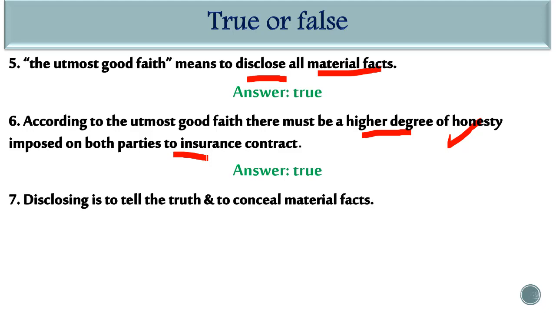Number seven, disclosing is to tell the truth and to conceal material facts. What we mean by disclosing? Disclosing is to tell the truth, so that half is true, and not to conceal material facts.